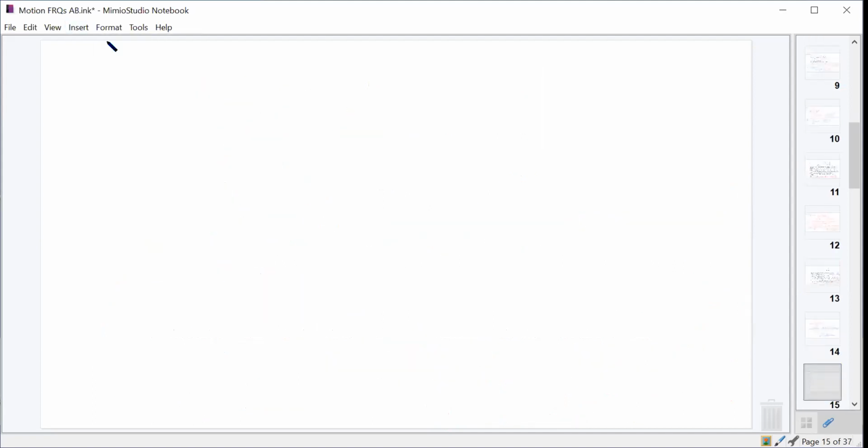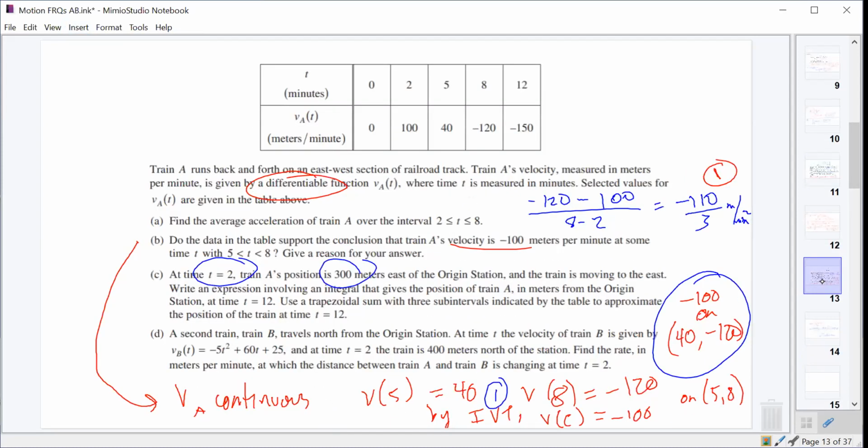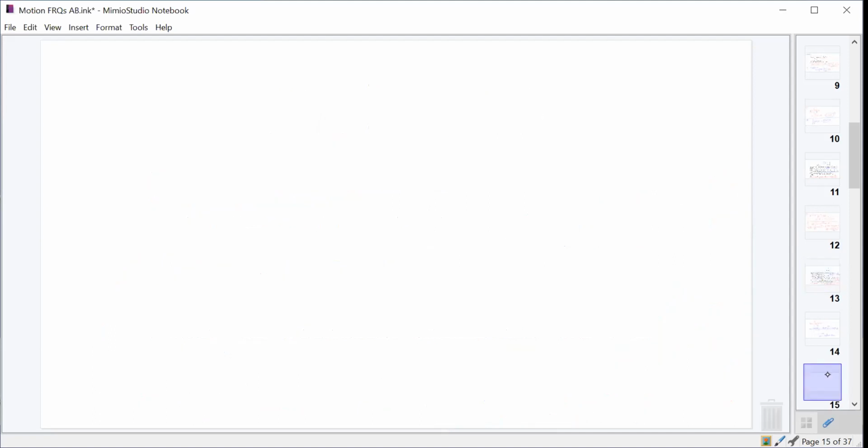All right, and last part of this one, part D, says we got a second train traveling north from origin station. At time t, the velocity of train B is given by this, and at time 2, it's 400 meters north of the station. Find the rate in meters per minute at which the distance between train A and train B is changing at t equals 2. So train A is moving along this axis, train B is moving along this axis.